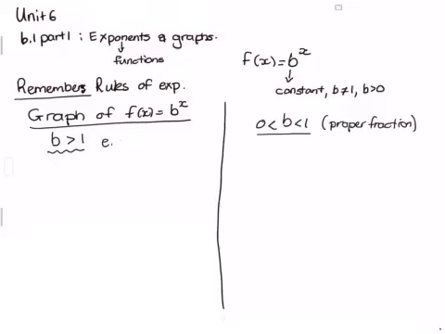And I'm going to do it on the hand of an example. So f of x equals 2 to the x. And remember that f of x is really your y. And I'm going to set up a table. Now, a table is not enough if you don't know the basic shape of this graph.